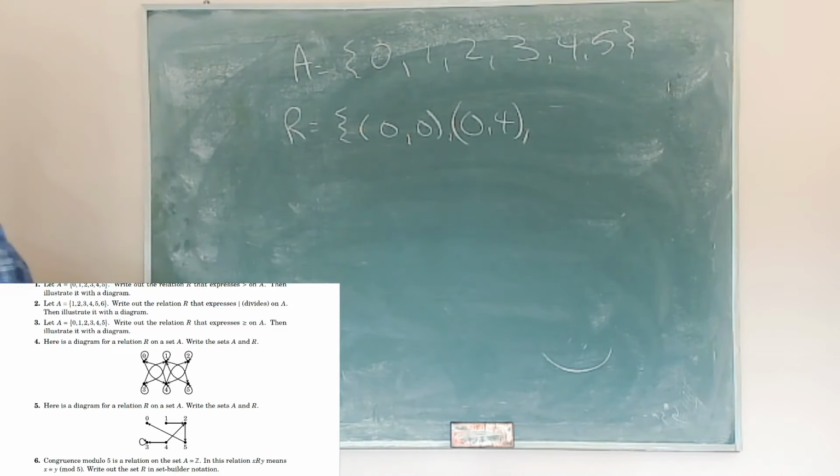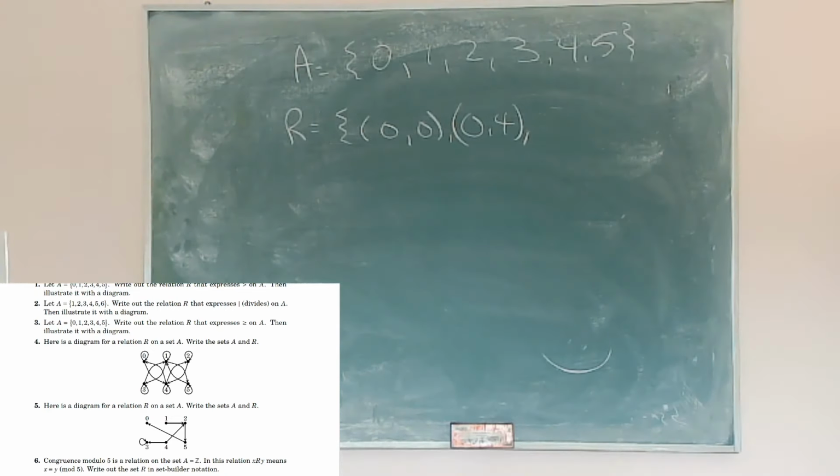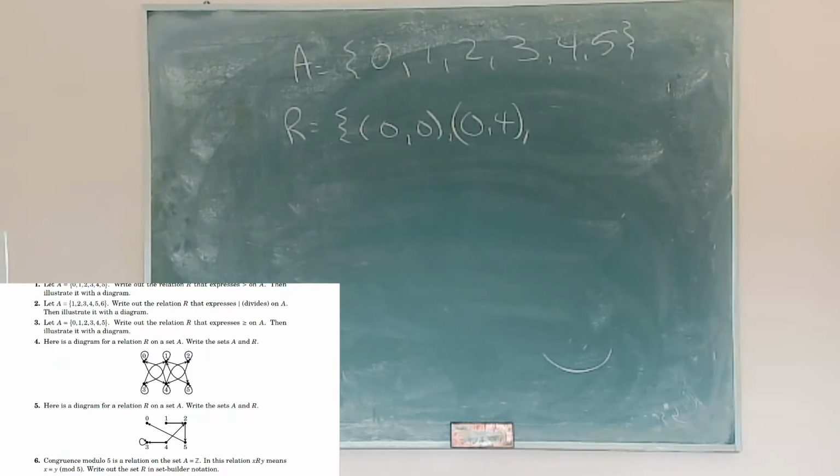If I then move on to 1, 1 is going to be related to 1 as well as 5 as well as 3. So we have an arrow from 1 to 1, an arrow from 1 to 3, and an arrow from 1 to 5.